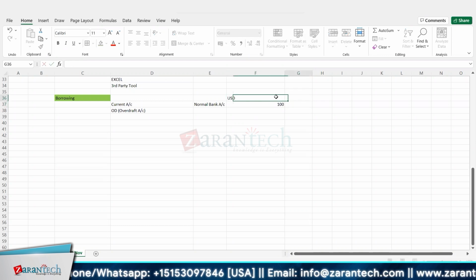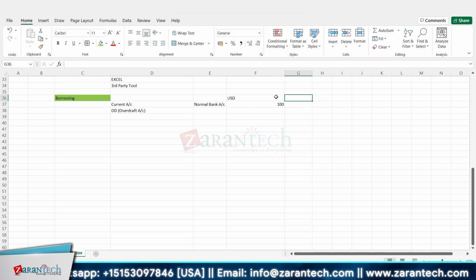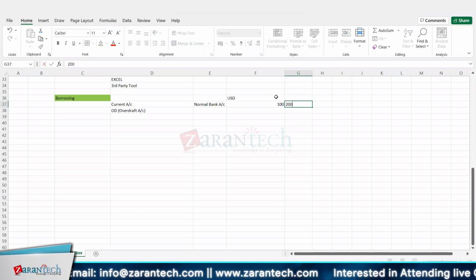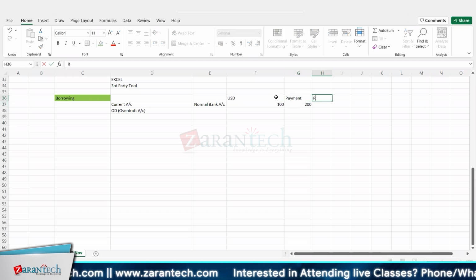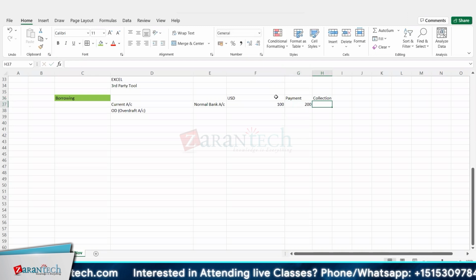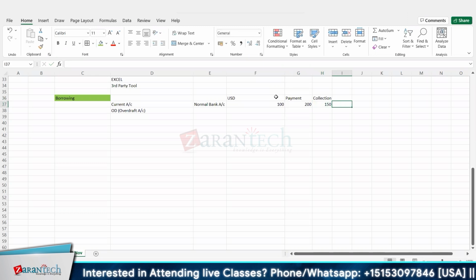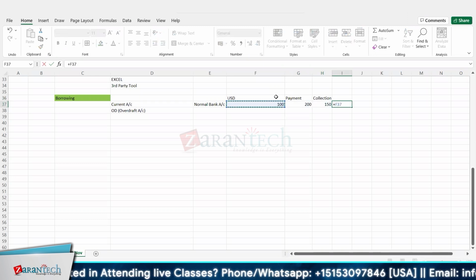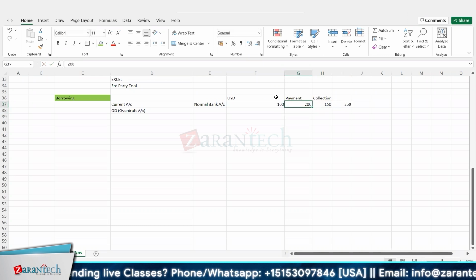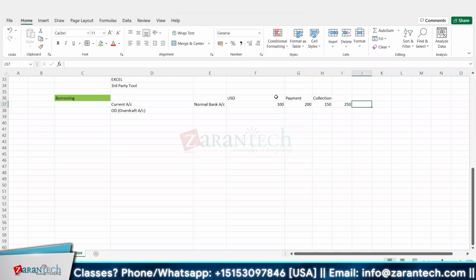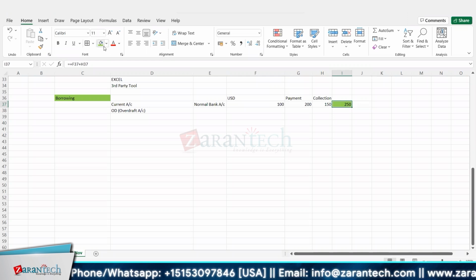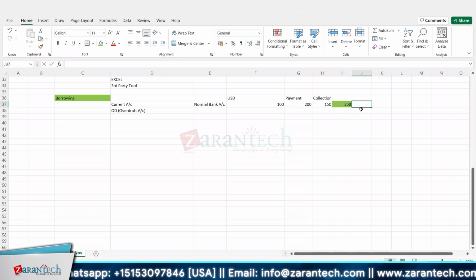In SAP, you use F110 for your payment to suppliers. Suppose you have released a payment of 200, understanding that you are going to get a collection from customers. Suppose the collection from customers is 150. So you have a balance of 100, and you expect 250 in your bank account, and based on that you have released the payment of 200.